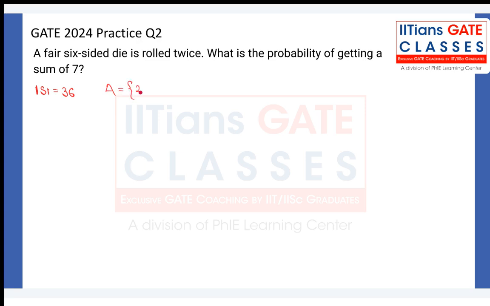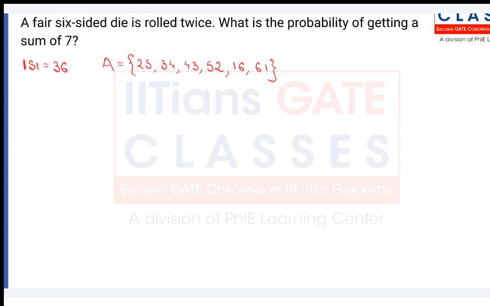One is 2, 5, 3, 4, 4, 3, 5, 2, and also 1, 6, 6, 1. Any other that I'm missing? No, right? So six outcomes are there. So the probability of the occurrence of A is 6 by 36, which is 1 by 6.